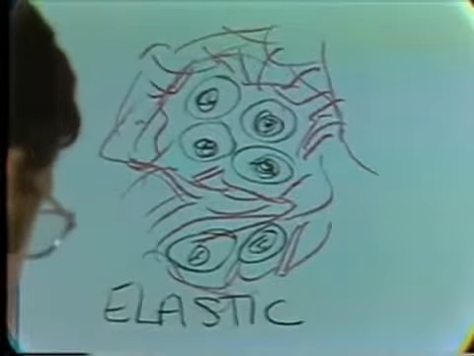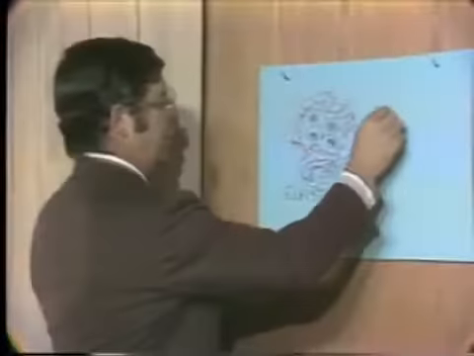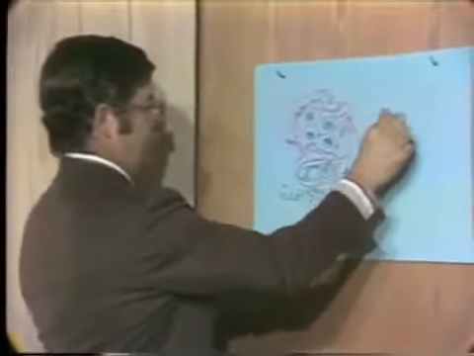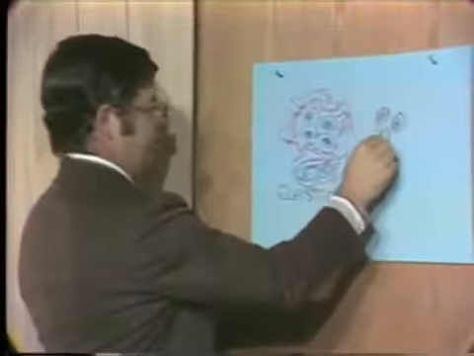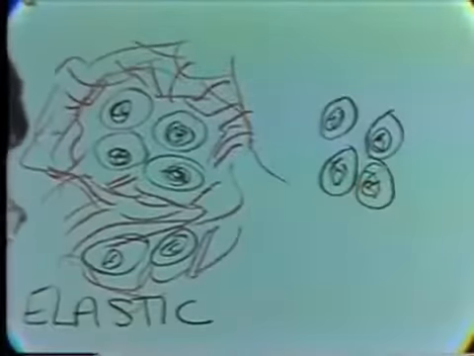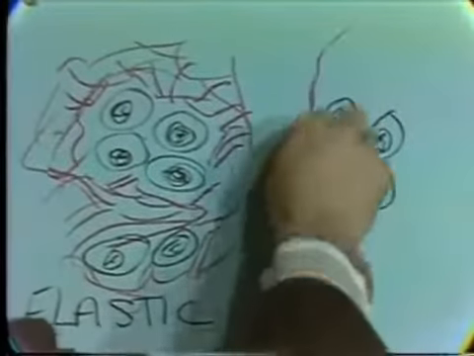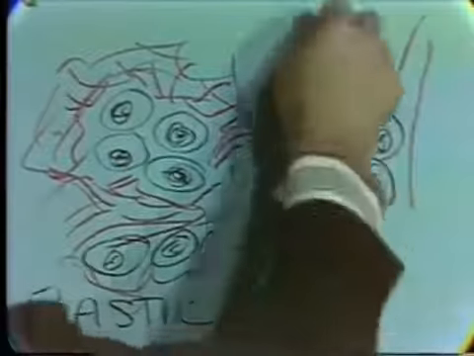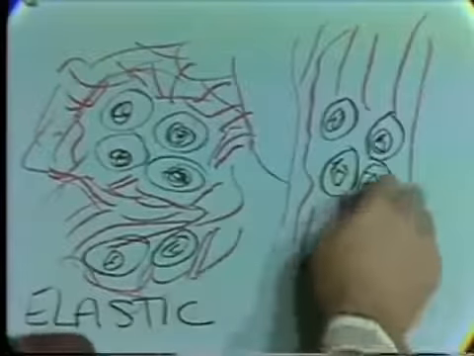Now, fibrous cartilage, again, we've got rounded chondrocytes. In fibrous cartilage, you make out the fibers have a tendency to go in the same direction.